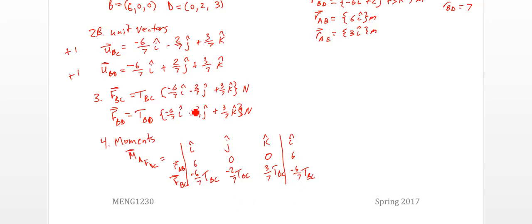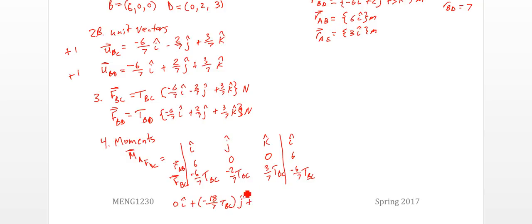Alright, so we'll take our cross product. We cover up the i column and row. So we have 0 times 3/7 tension BC minus 0 times negative 2/7 BC, so we get 0i. In j, we have 0 times this minus 6 times 3/7, so we're going to have negative 18/7 tension BC in the j direction.